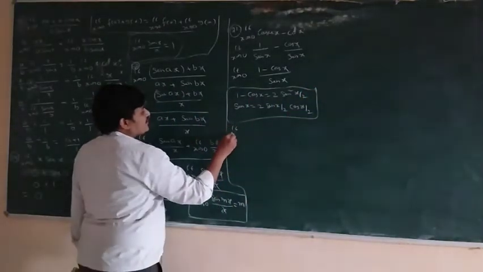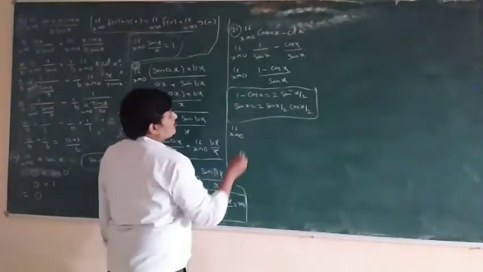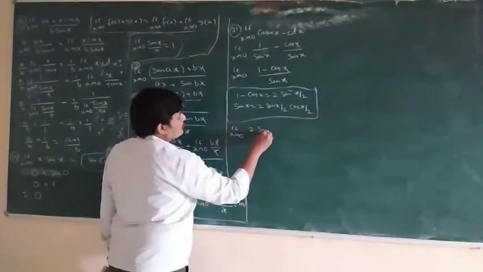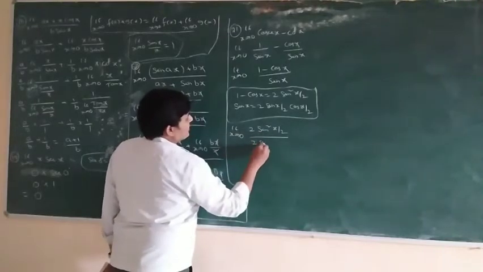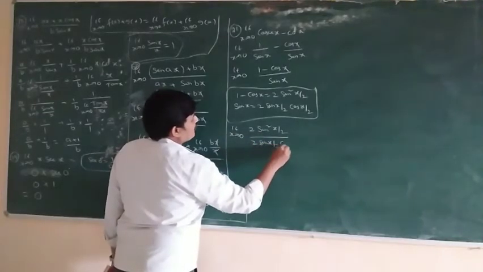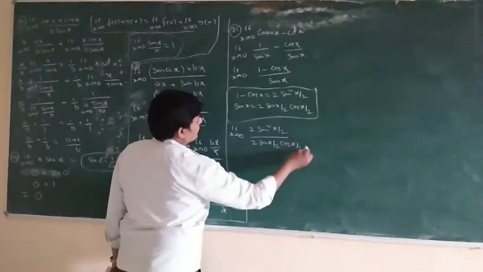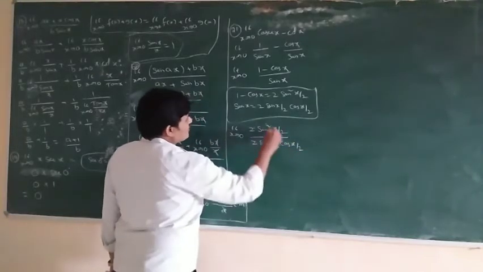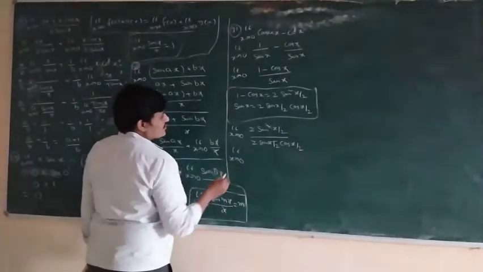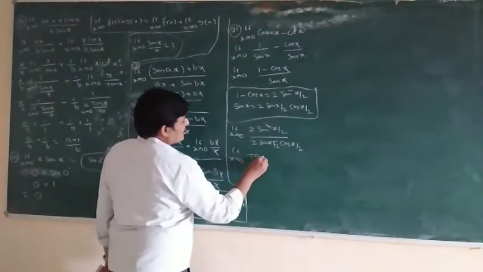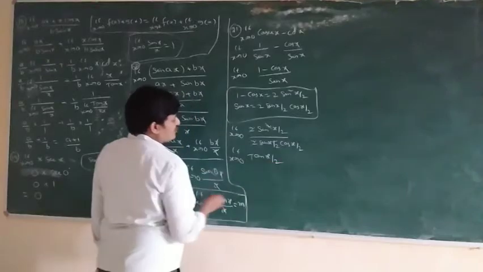So limit x tends to 0, 1 minus cos x is 2 sin square x by 2, divided by sin x, which is 2 sin x by 2 into cos x by 2. The 2 cancels, and one sin cancels. So we get sin x by 2 by cos x by 2, which is tan x by 2.